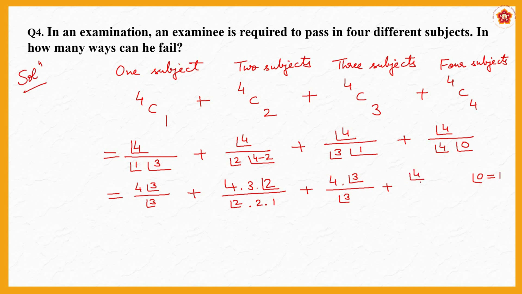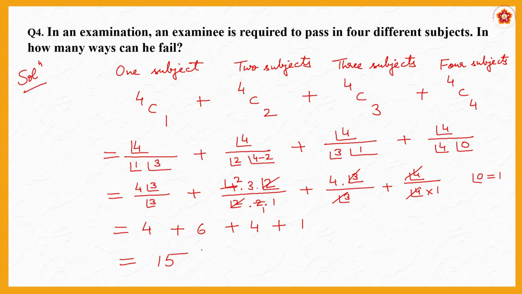In this last one, we can just copy factorial 4 as it is, and the value of factorial 0 is 1. So what is the answer? We get 4 plus, this gets cancelled, 2 3s are 6, plus 4, because factorial 3 gets cancelled, plus 1. So let's add them. 6 plus 4 is 10, 10 plus 4 is 14, plus 1, that is 15.